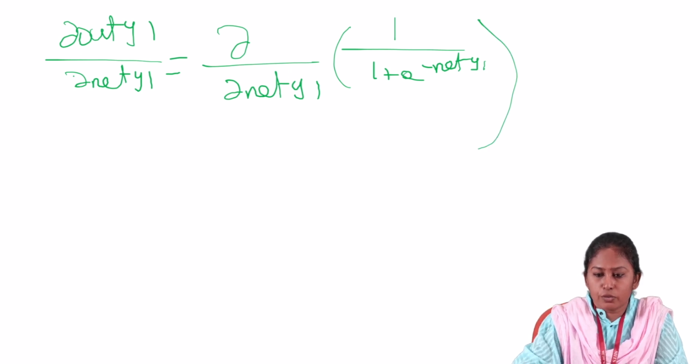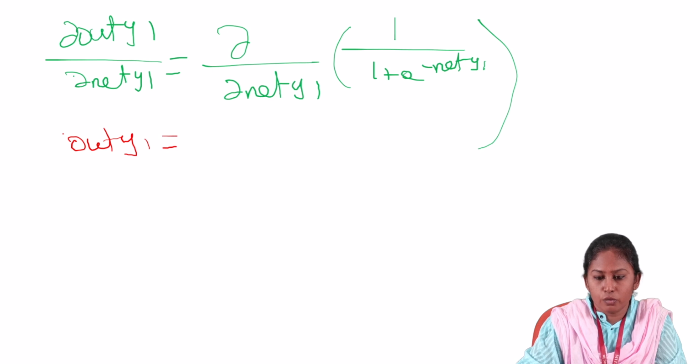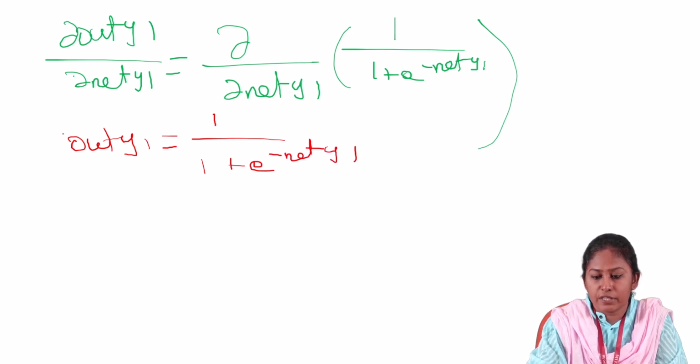I am writing it this way because out y1, which we have seen in the forward pass itself, is 1 by 1 plus e to the power minus net y1. In the forward pass itself we have seen this formula, right? That is why I am using it here.